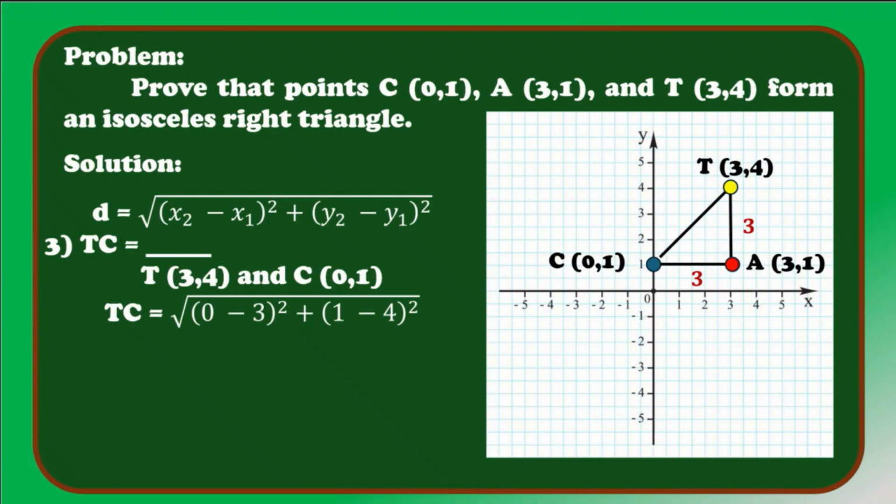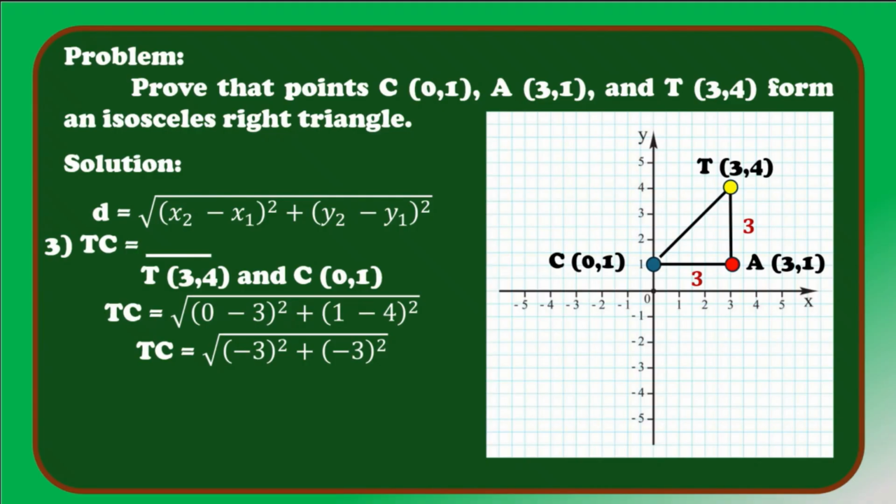TC is equal to the square root of the quantity 0 minus 3 squared plus the quantity 1 minus 4 squared. Let's simplify it further by getting their differences. This equals the square root of the quantity negative 3, which comes from 0 minus 3, squared, plus 1 minus 4, which results in negative 3, then squared.